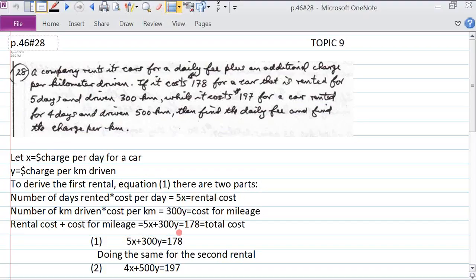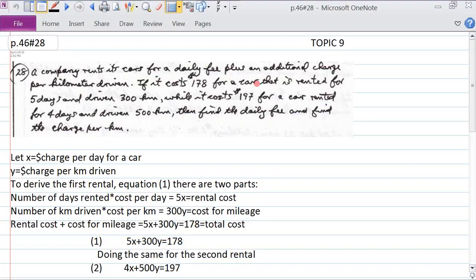That's the rental cost. And then the number of kilometers driven, which is 300, times the cost per kilometer, which is y, gives us the cost of the mileage. So the rental cost plus the cost of the mileage gives us the total cost. So 5x because it was rented for 5 days, and 300y because it was driven for 300 kilometers. That gives us the total cost. So that gives us equation 1.